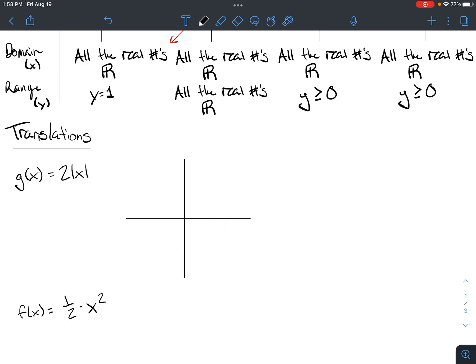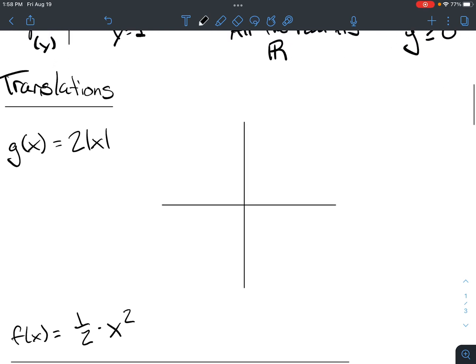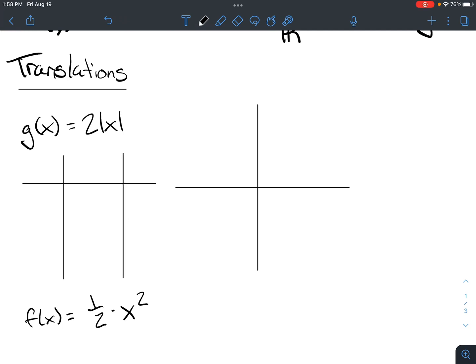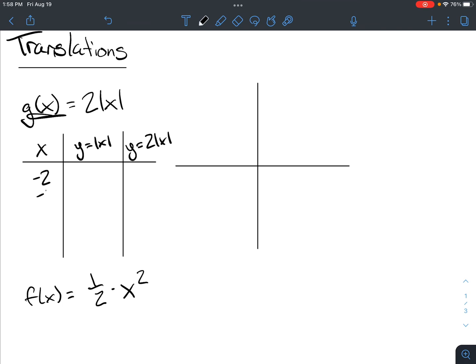If we make ourselves a little chart here, we have our x input, we have our parent function y is equal to the absolute value of x, and then we have the function that we're dealing with, our g of x right here. Let's just pick some numbers, and then look at what the results are going to be. If you think about absolute value, it's just going to be the positive version of all these.